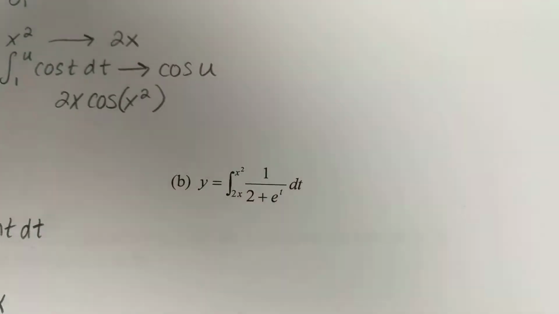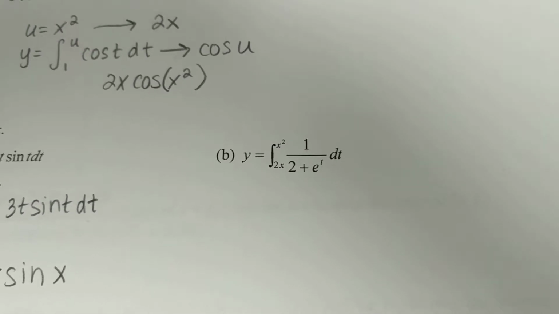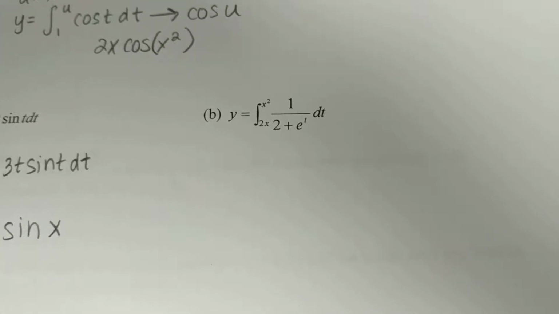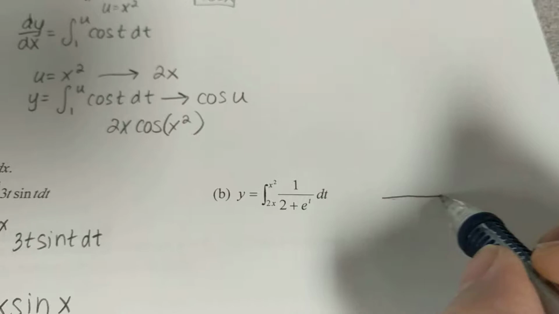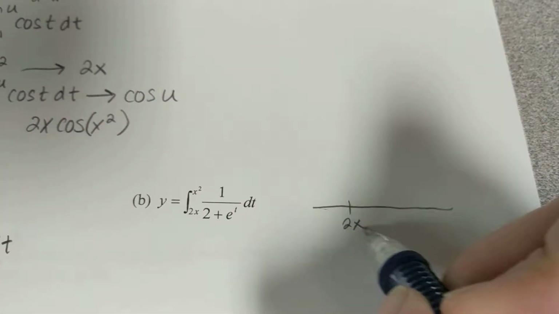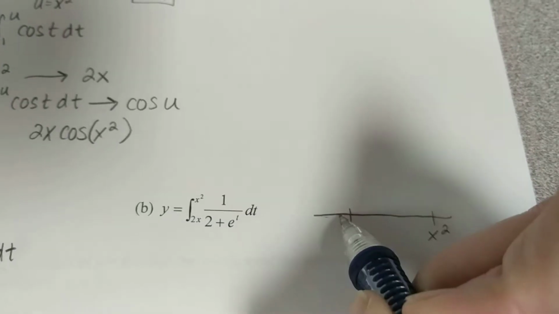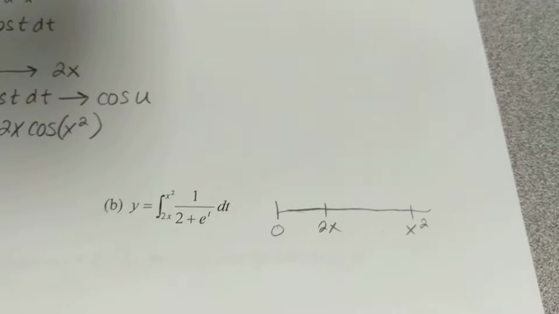In part B, this one gets a little bit more complicated because now I've got an x on the bottom and I've got an x on the top. So what I want you to think about is if you have kind of this number line, they're talking about from 2x to x squared. Now I'm going to say, let's start this number line at 0.